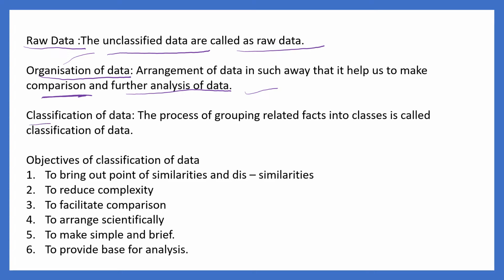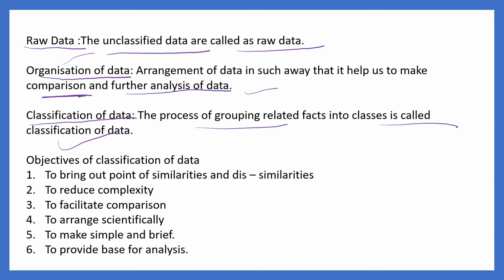What do you mean by classification of data? It is a process of grouping related facts into classes, called classification of data. Now, what is the main objective of classification of data?